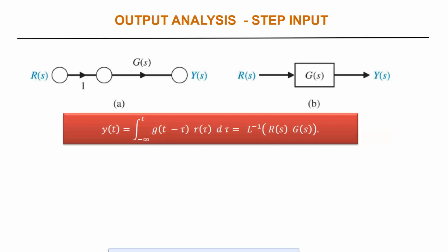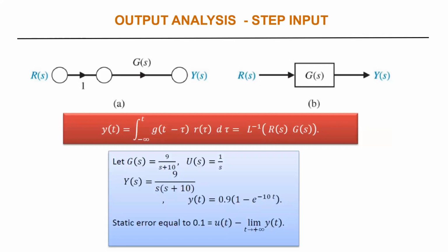For example, I have a system G equal to 9 over S plus 10 and U equal to 1 over S. If I want to get Y of S, what is Y of S equal to? Multiply them: 9 over S plus 10 times 1 over S. If I do a partial fraction, this is S, this is S plus 10.